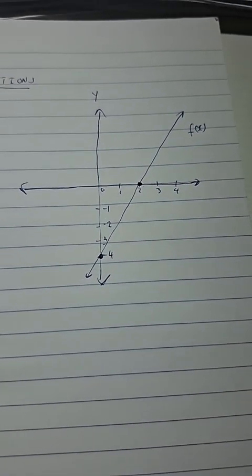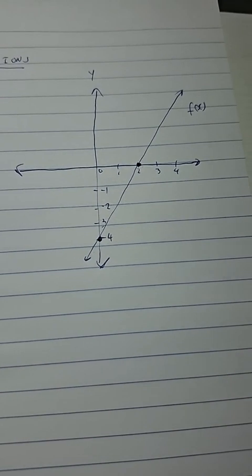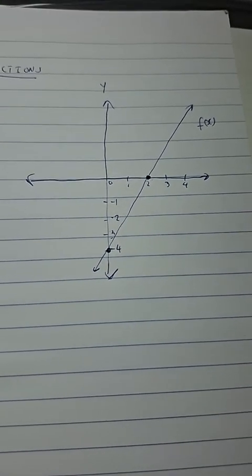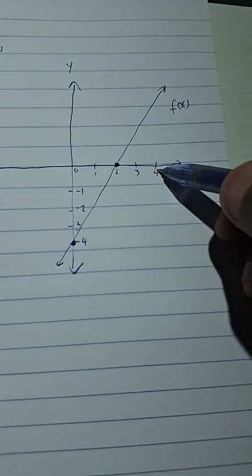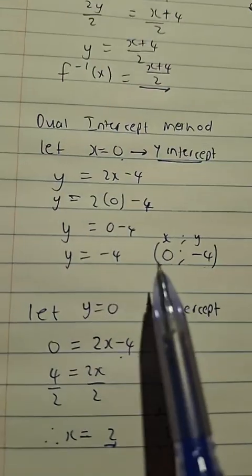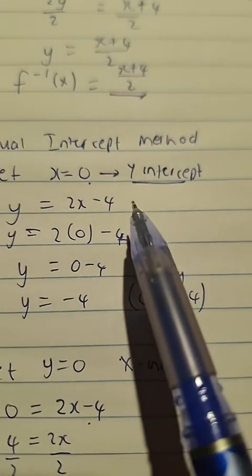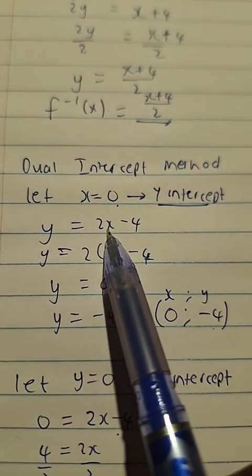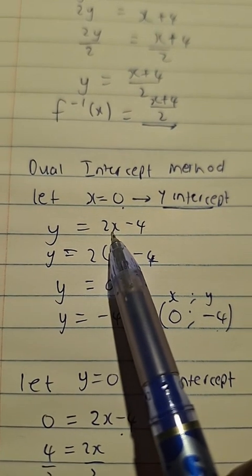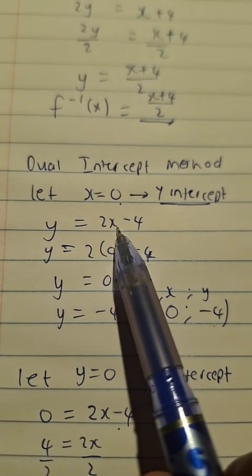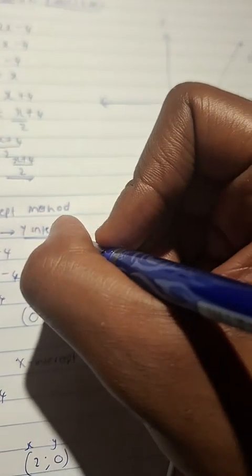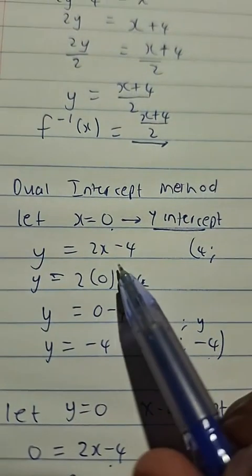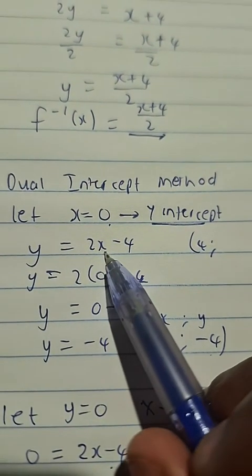Now what we can also do is check when x is equal to 4 for this function. What is the corresponding y value? If we substitute x is 4, we get 2 times 4, which is 8, and then 8 minus 4. So when x is equal to 4, the corresponding y value is 4.